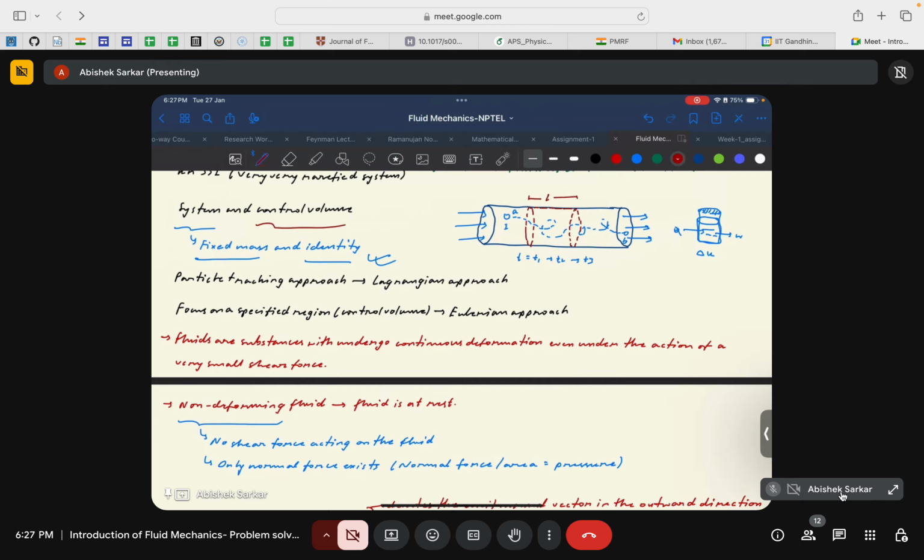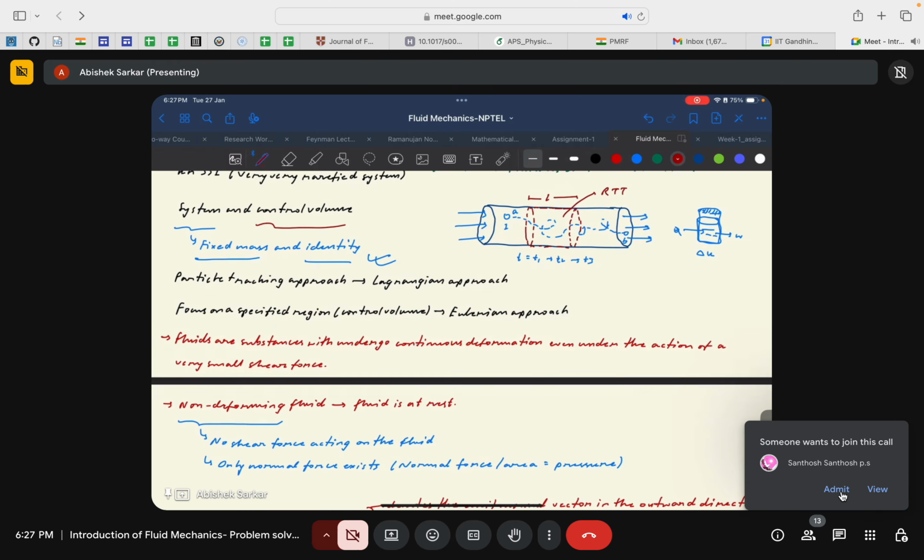Again, this may sound a bit vague for now, like how we are going to evaluate these kinds of forces, but later in the course we'll see there is a mathematical transformation popularly known as Reynolds transport theorem that helps us transform from the Lagrangian to the Eulerian approach and evaluate the bulk forces imparted by the flow across this control volume.